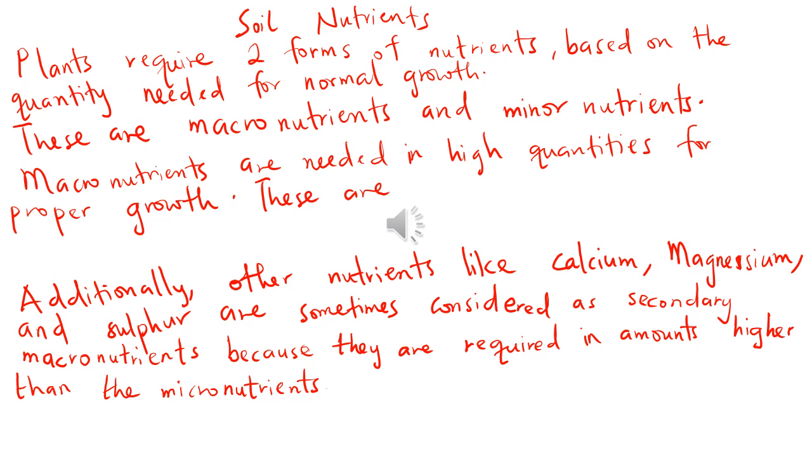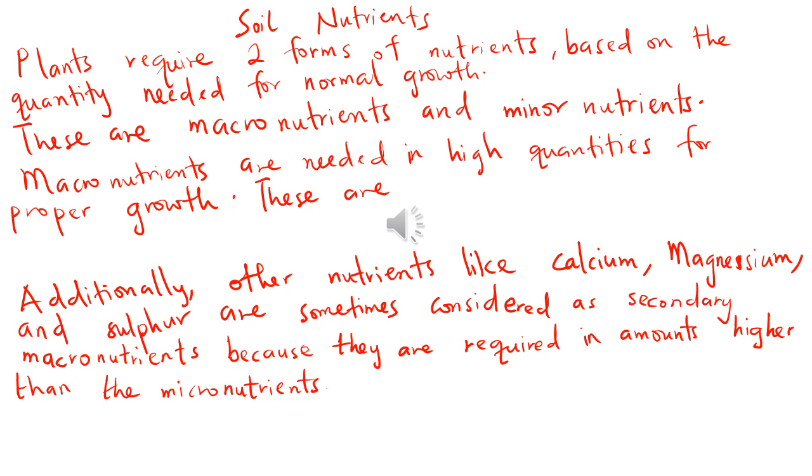On the screen you can see that I have written additionally other nutrients like calcium, magnesium, sulfur, which are sometimes considered as secondary macronutrients because they are required in amounts higher than the micronutrients. So let's keep a very open mind for this.